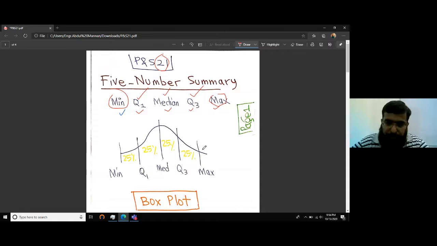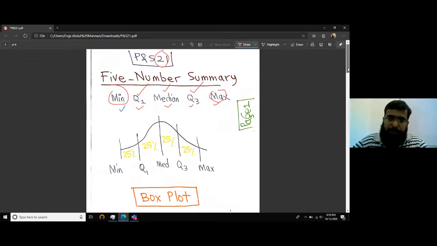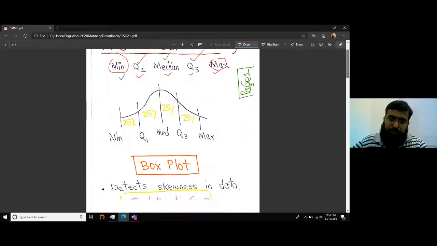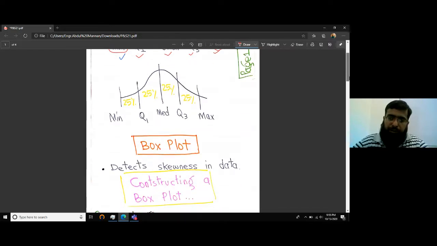And if the curve is of mound shape, of a normal shape, 25% of the measurements will be between the minimum number and the first quartile, approximately 25% measurements will be between the first quartile and the median, and similarly approximately 25% measurements will be between the median and the third quartile, and in the last part, between the third quartile and the max value, we'll have the last 25% measurements. So these 5 numbers are easy to calculate, and let's move on to the box plot, today's topic.